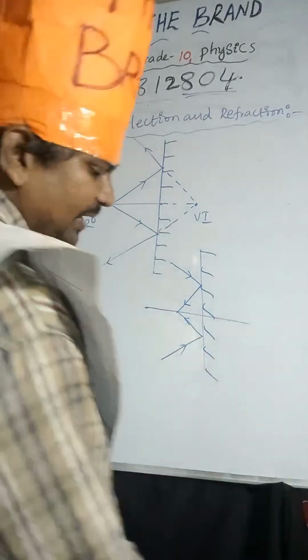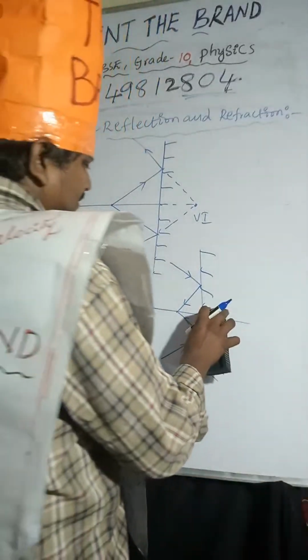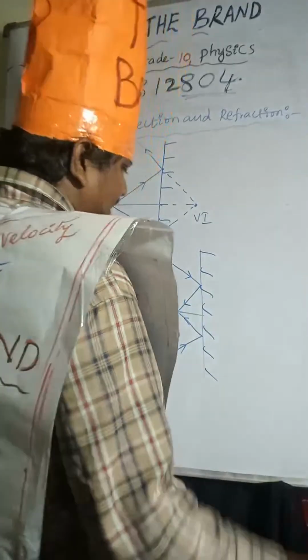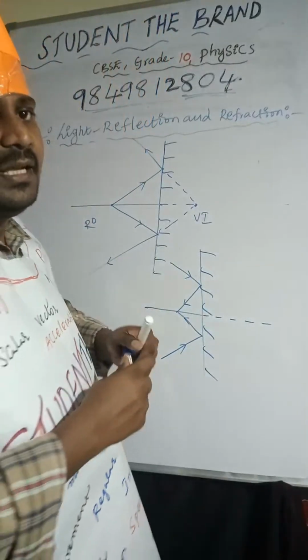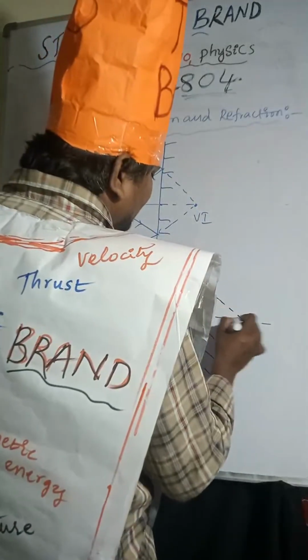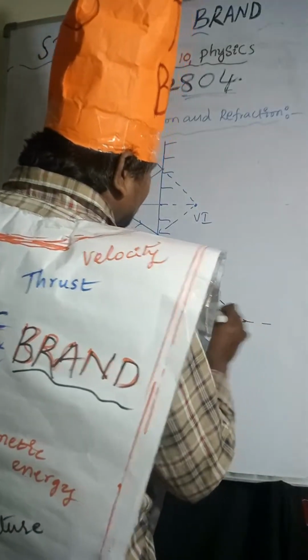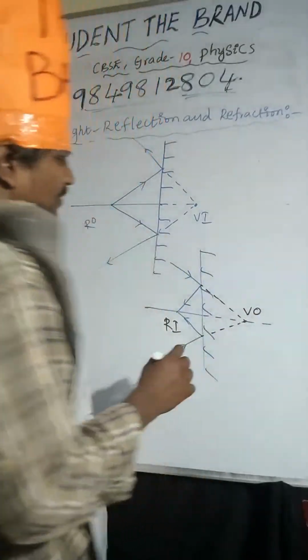If you are extending these light rays, the extended light rays are meeting at one point. Here we are extending the incident light rays. So this is the real image and virtual object.